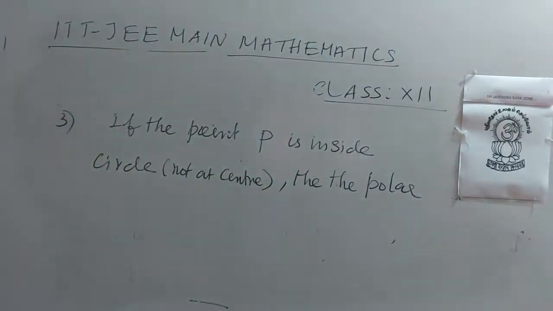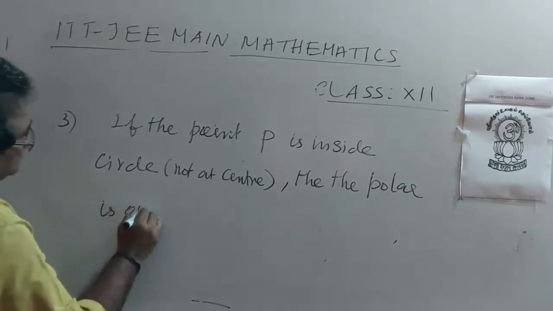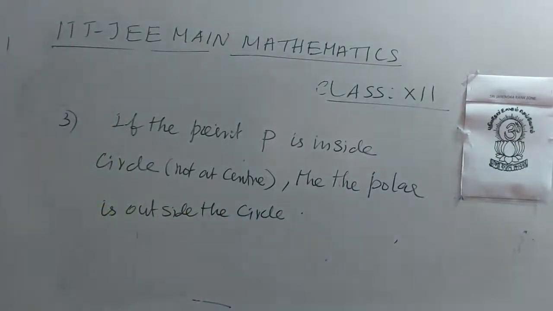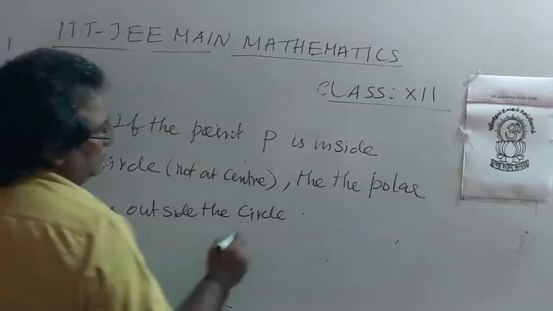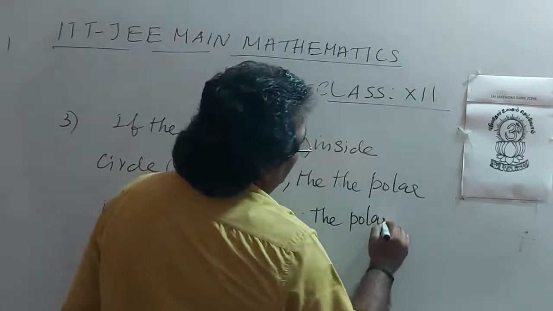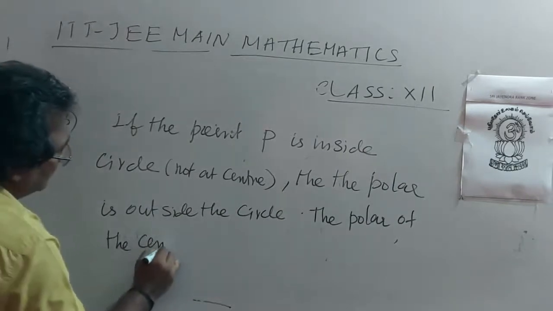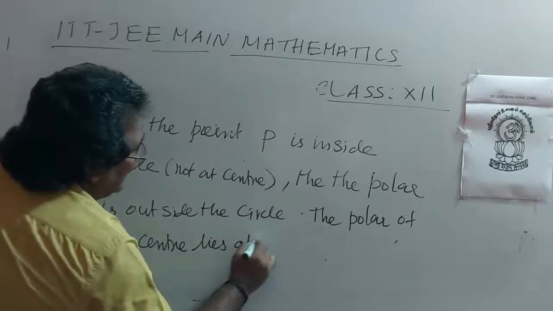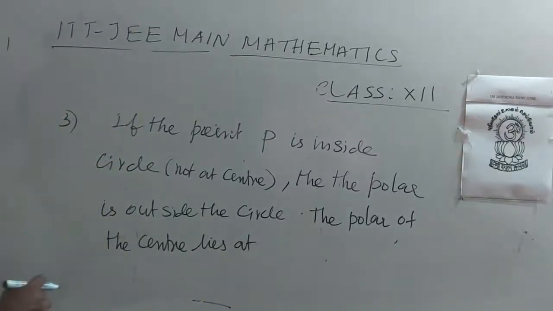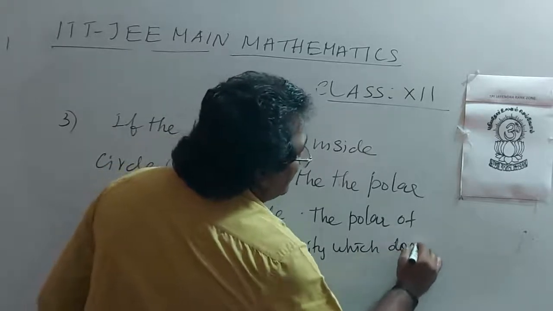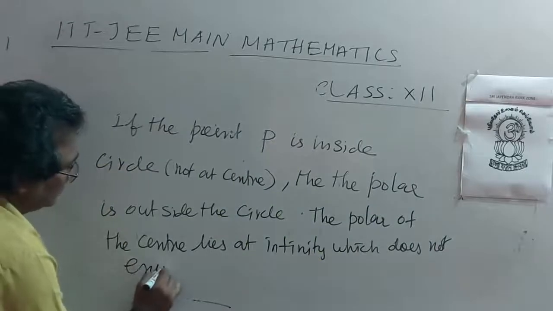Then the polar is outside the circle. The polar of the center lies at infinity, which does not exist.